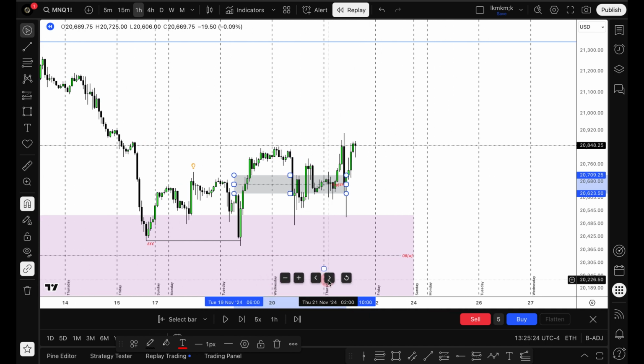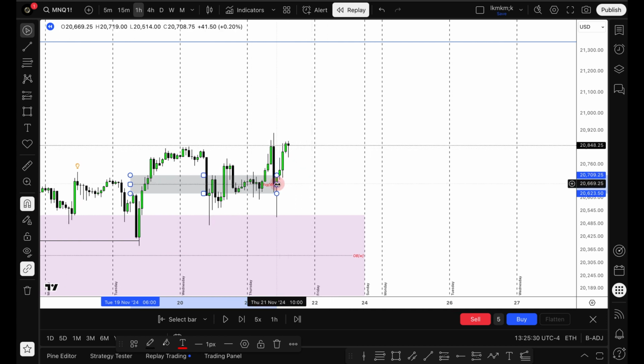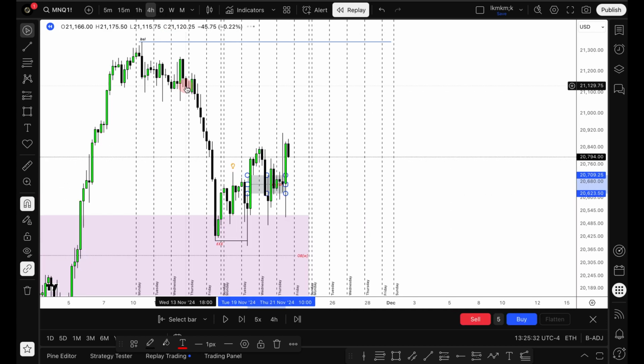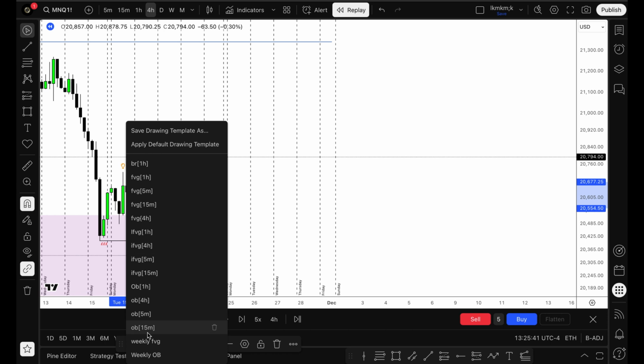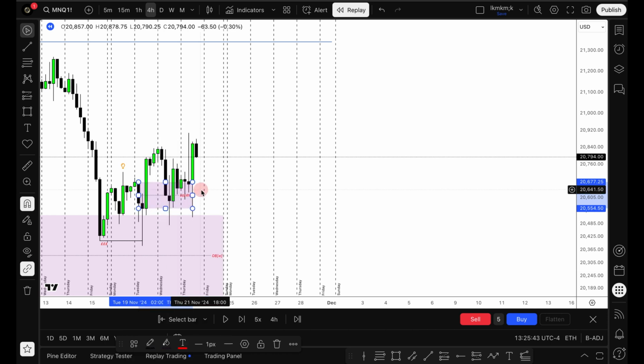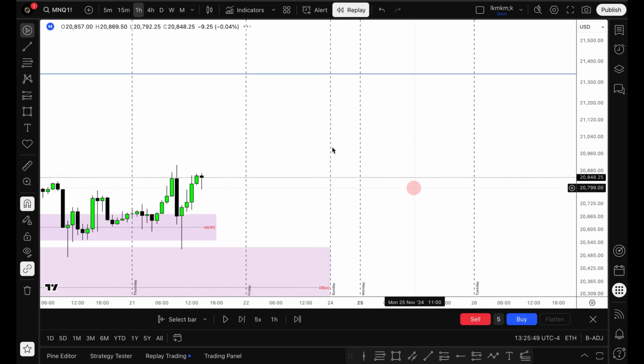Still, yeah, we've got a slight break above that on the Thursday. So if I go on the 4 hour and mark this out now as an order block, because the fair value gap was disrespected, I can now go back on the hourly.